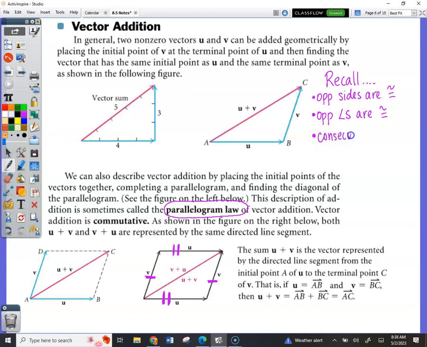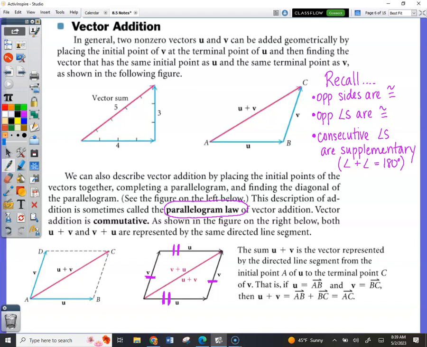Consecutive angles are supplementary. What does supplementary mean? They add to 180. So let's put in parentheses right here: angle plus angle equals 180. You're going to see this in practice in just a minute. But go ahead and just write it right there. Those three concepts from geometry are going to come up in every one of these problems to help you answer it.